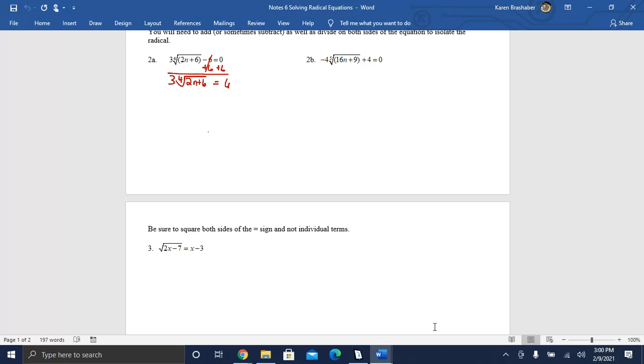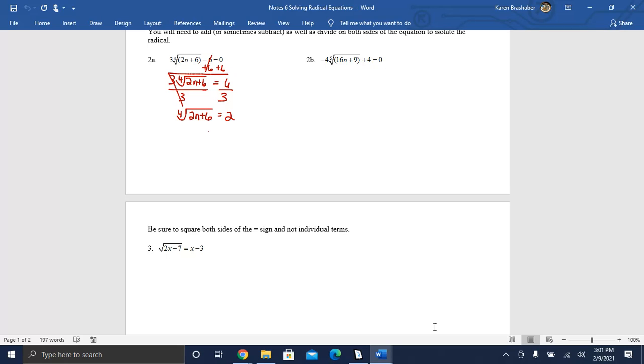That equals 6. And then I also have this 3 that is outside of the radical. So I'm going to have to divide both sides by 3 to get that to cancel, so that the only expression on the left-hand side of the equal sign is my radical. So 6 divided by 3 gives me a 2.